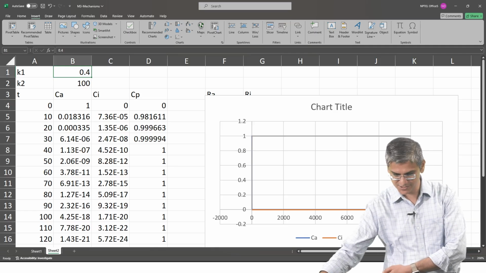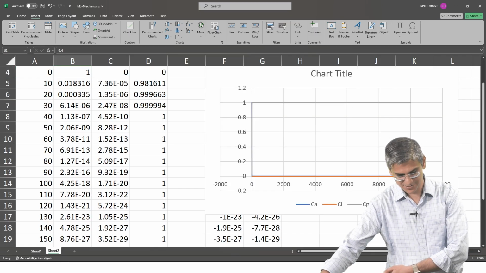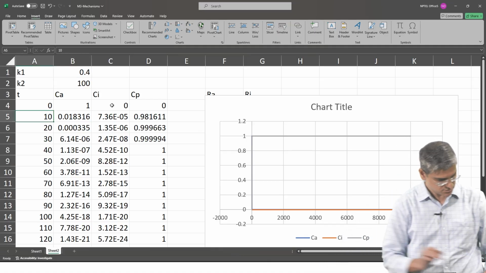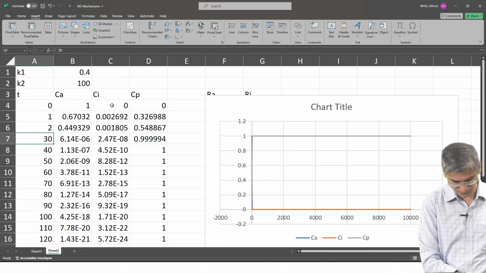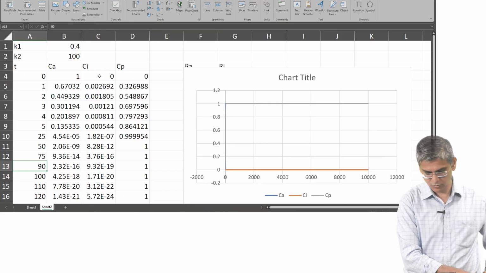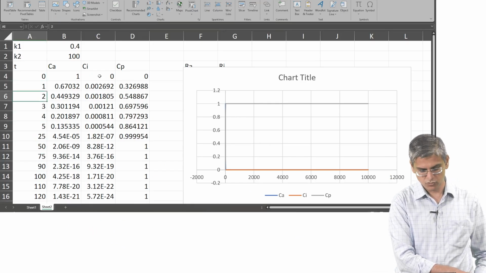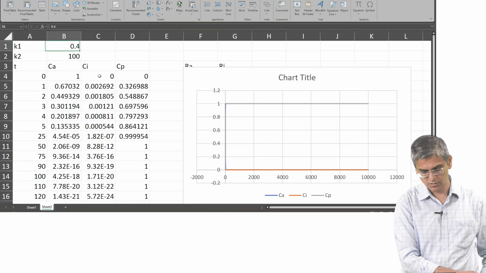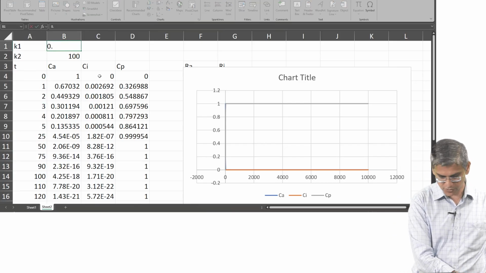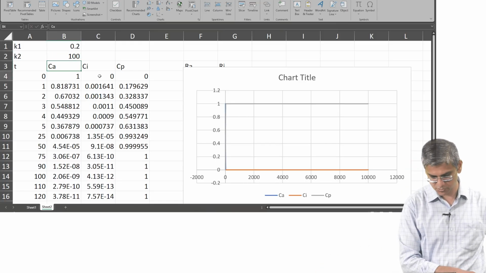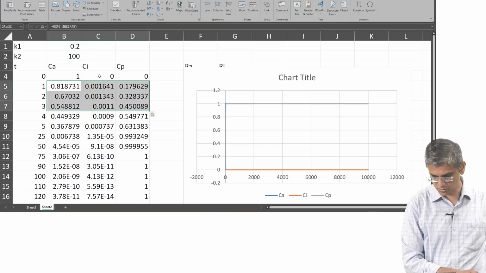So the question is, what is really happening? So let's do this. Let's look at reasonable time steps 1, 2, 3, 4, 5, 25 and so on, right. If this was 0.2, it's a pretty big change that you see in these columns.